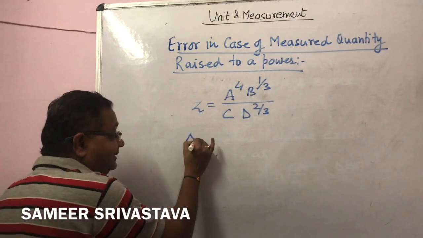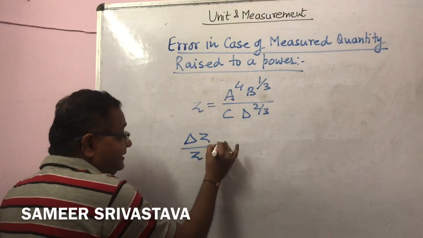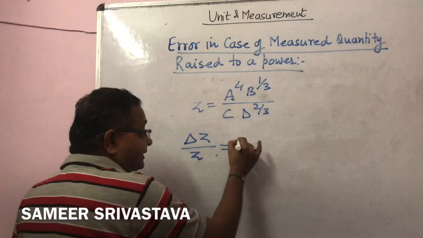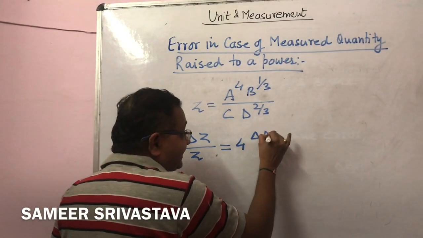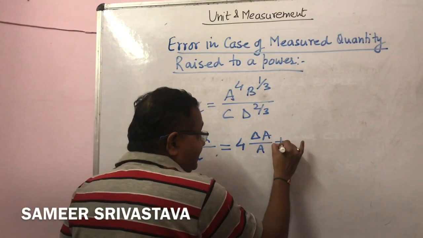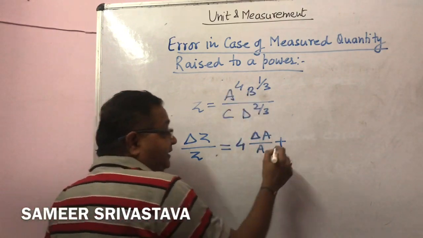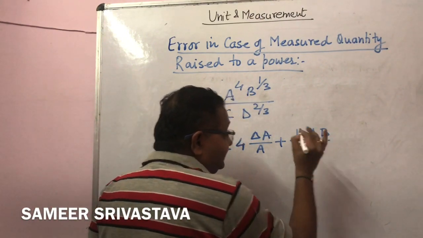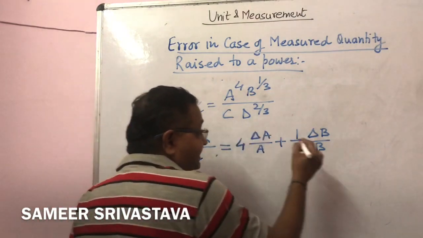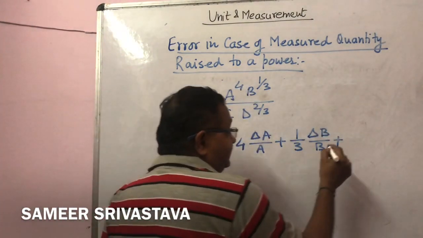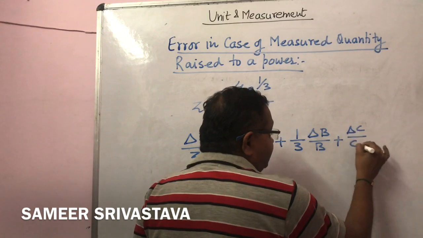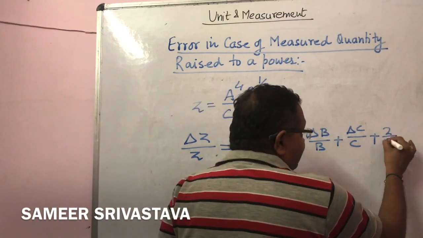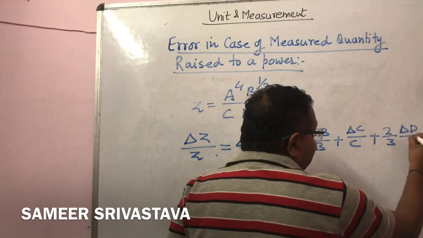You can write delta z upon z is equal to, the power of physical quantity A is 4, so 4 delta A upon A plus second quantity B, 1 by 3 delta B upon B, right? Plus C, C's power is 1, so delta C upon C plus D. The power is 2 by 3, 2 by 3 delta D upon D.